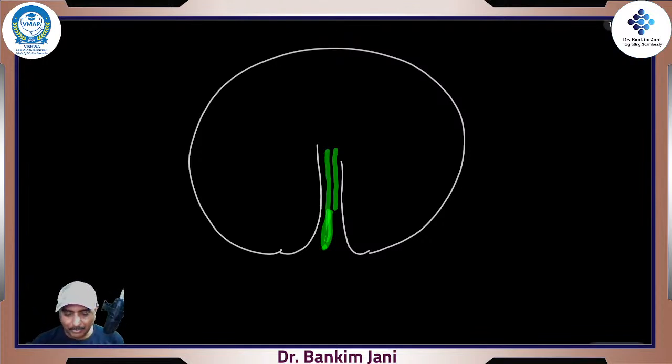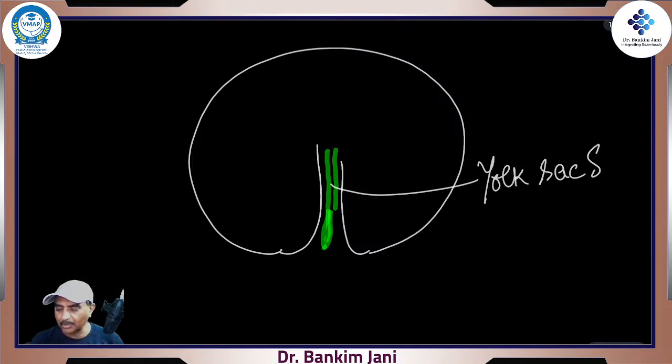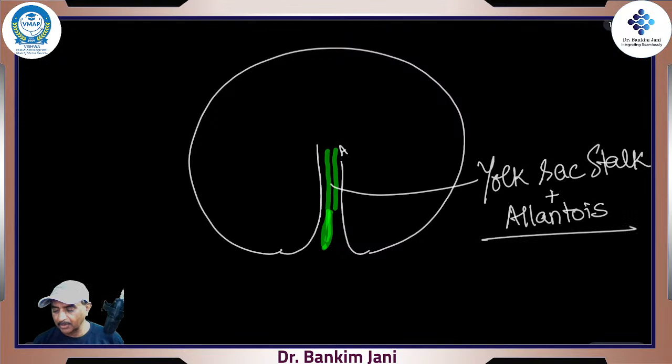So now we start calling this the yolk sac stalk. Stalk means like a parallel thick line. And this is allantois, which was just a small protrusion, but now it has become part of it. Both of them are within the umbilical cord, because this would be the formation of the umbilical cord.